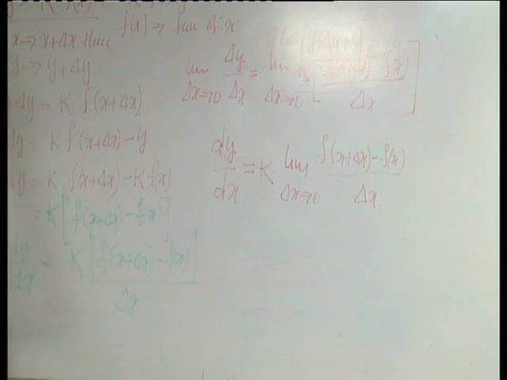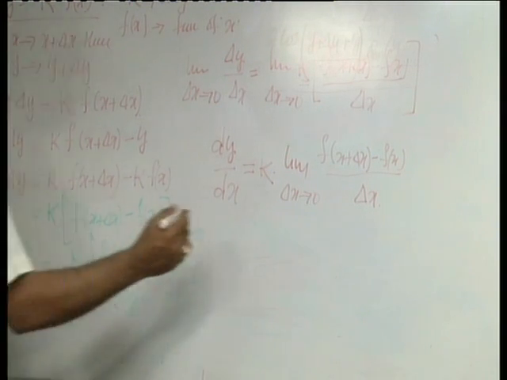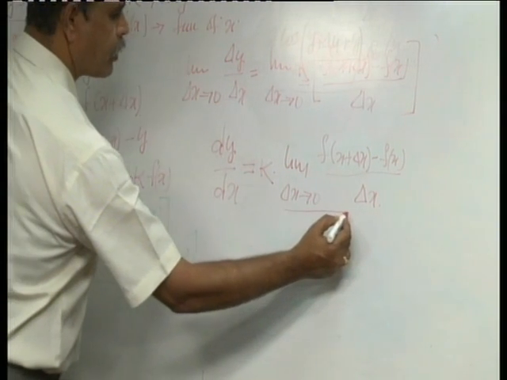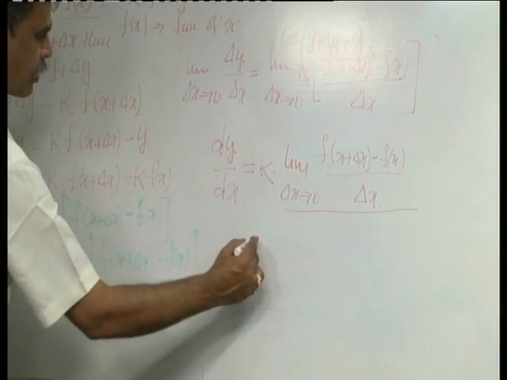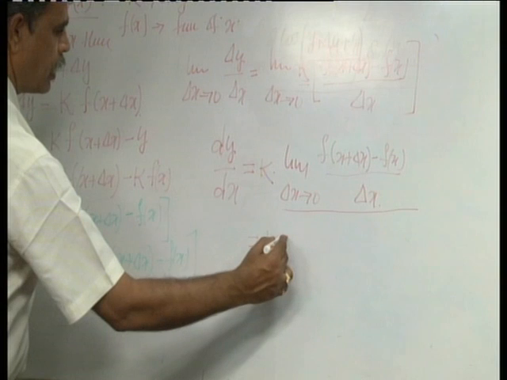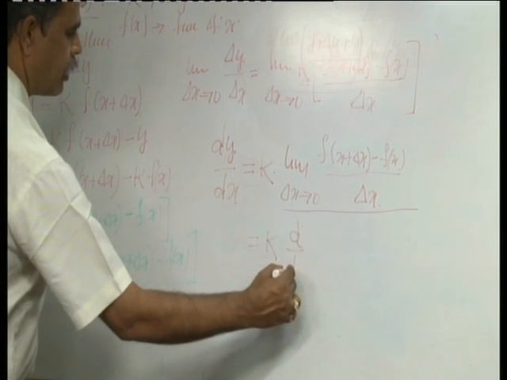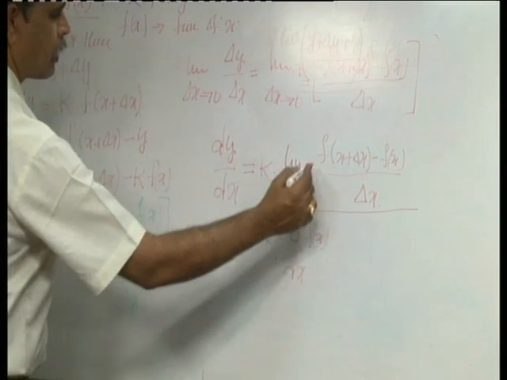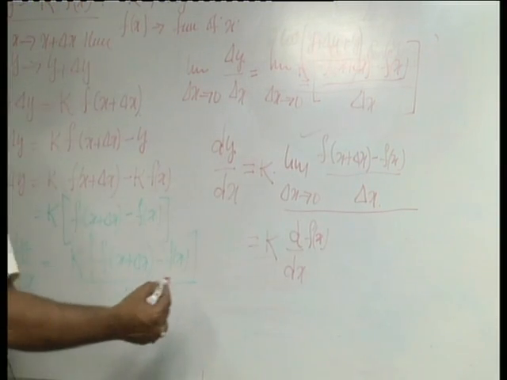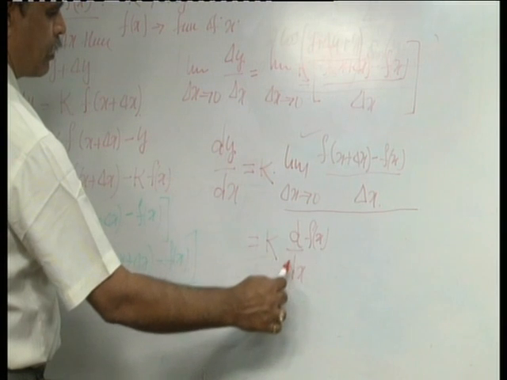In the derivative or differential coefficient, we learned that this can be taken as d by dx of function, that will become k into d by dx of f of x. You can convert this into a standard limit, finally it will come into this form.